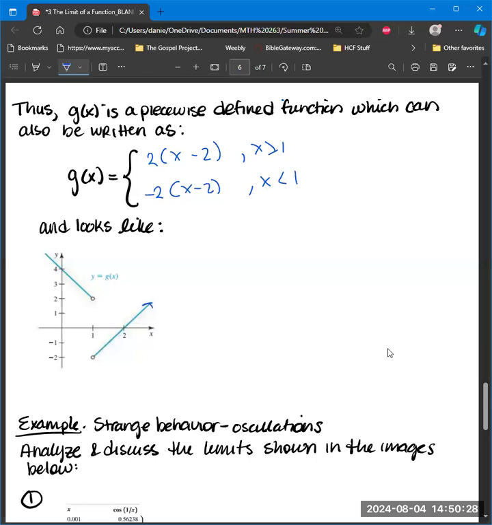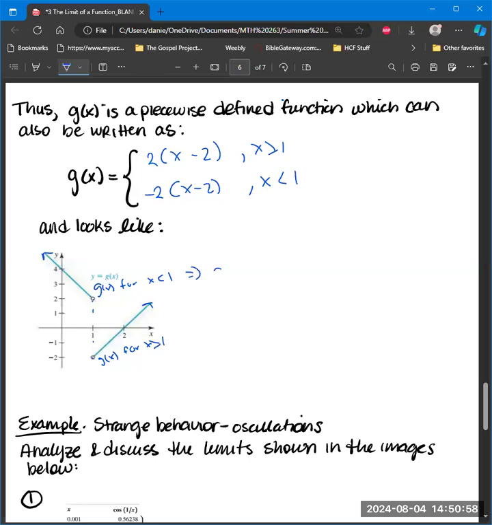There's arrows on the ends of both of these, but we see that the function is undefined there at x equals 1. So this is g of x for x less than 1, and this is g of x for x greater than 1.